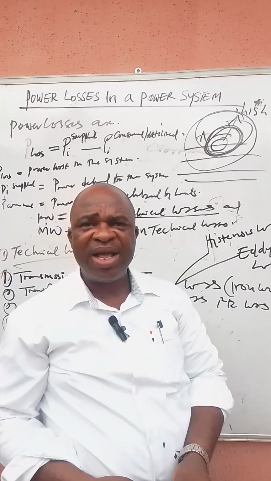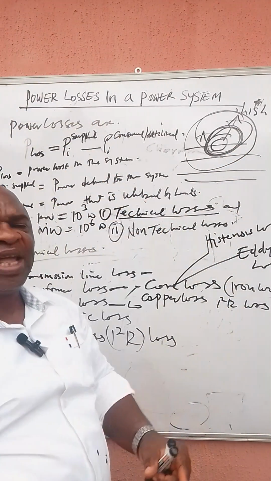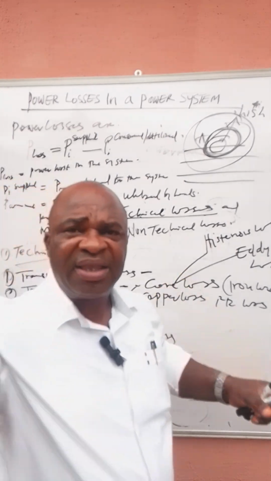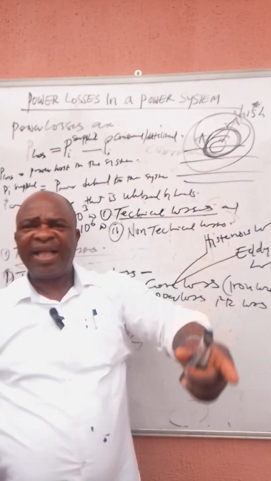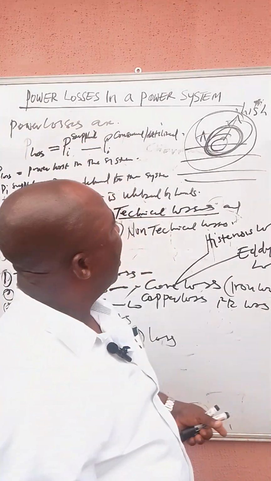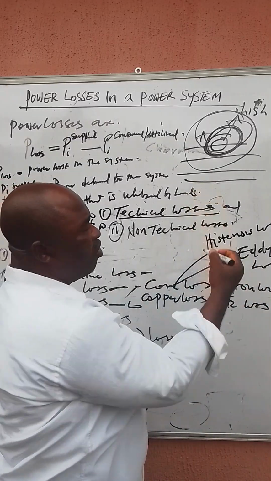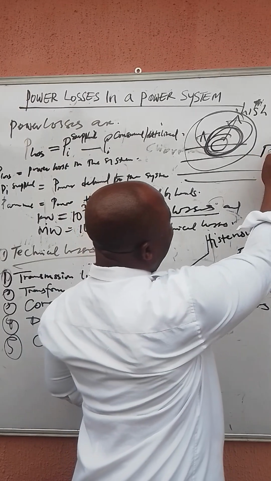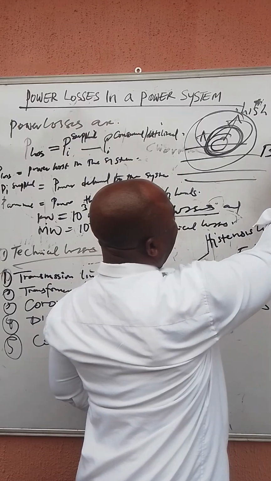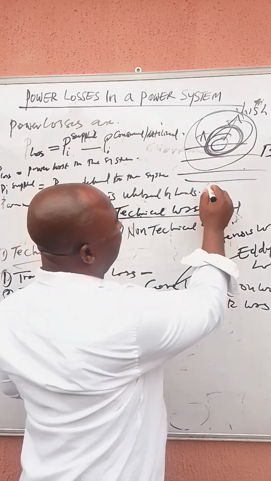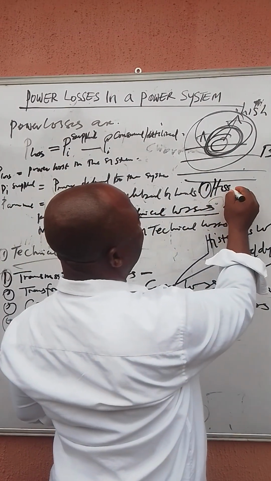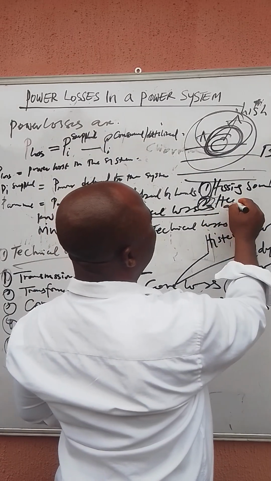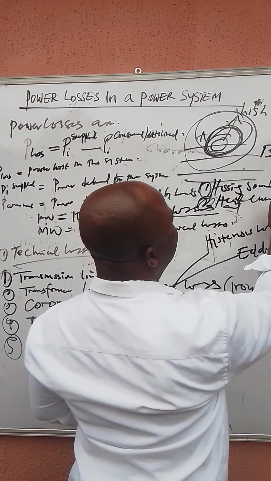It normally takes place on high voltage lines above 33 kV, probably from 132 kV, 330 kV, etc. So this is where corona occurs. And there are three effects of corona. One is a hissing sound. Two is heat energy.